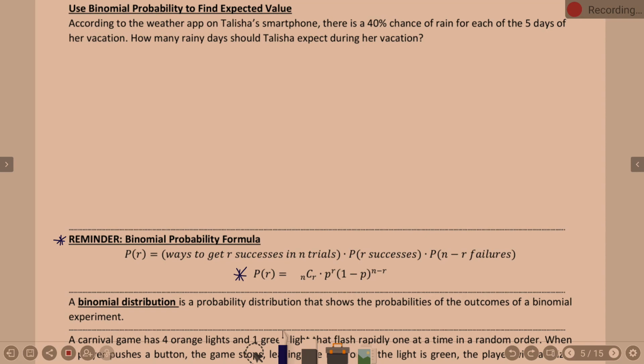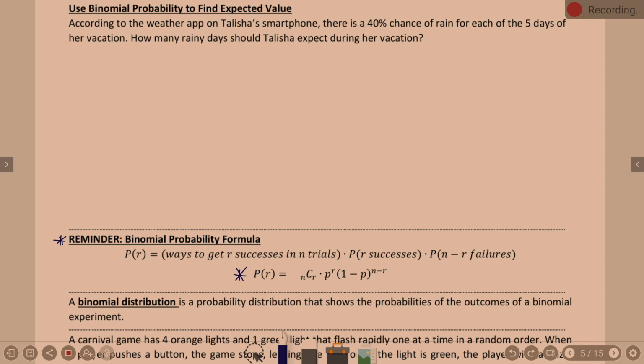In order to figure this one out, we're going to have to look at the probability that none of the 5 days have rain, and then 1 of the 5 days, 2 of the 5 days, all the way up to all 5 of the days. So we're going to look at probability of 0, 1, 2, 3, 4, 5, and then we're going to put those together in the end. So this is where you definitely need the calculators out. It'll be a good opportunity to practice.